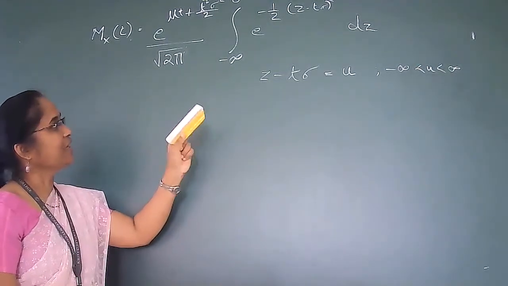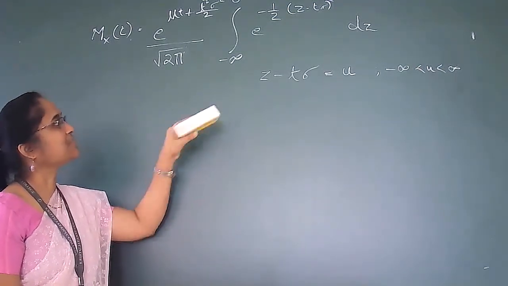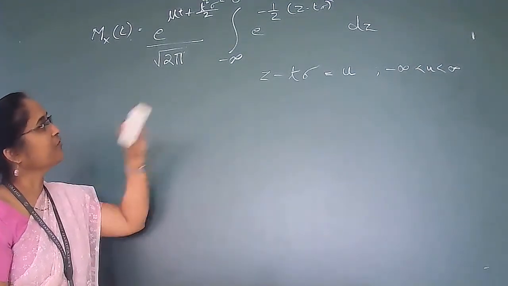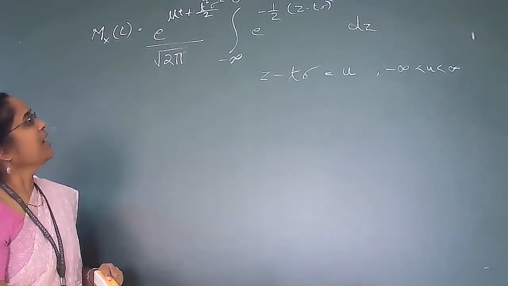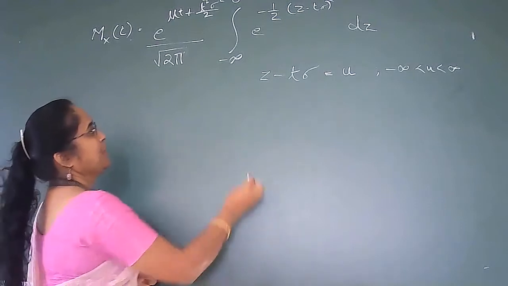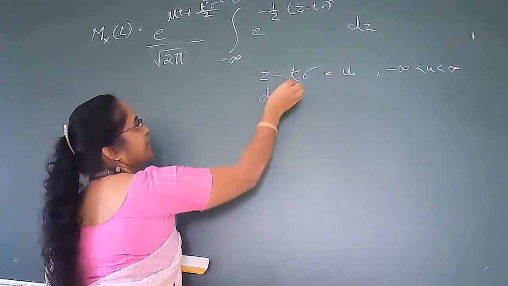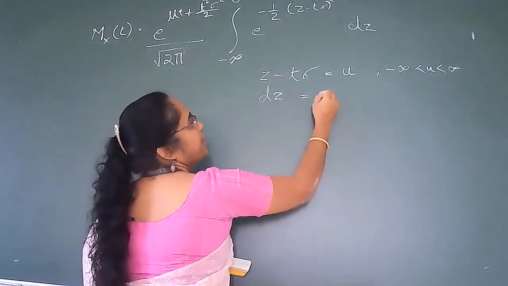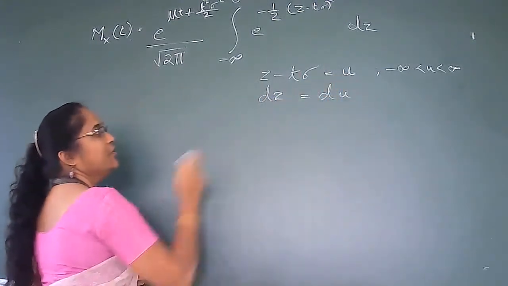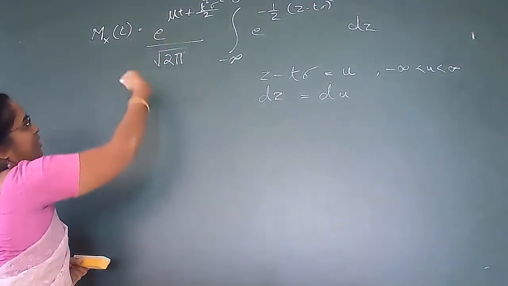So that is how we've taken this transformation, and we've called it u. And dz, when differentiating it, t and sigma are constants, differentiating with respect to z, I'm going to get du. So how will this equation now look?